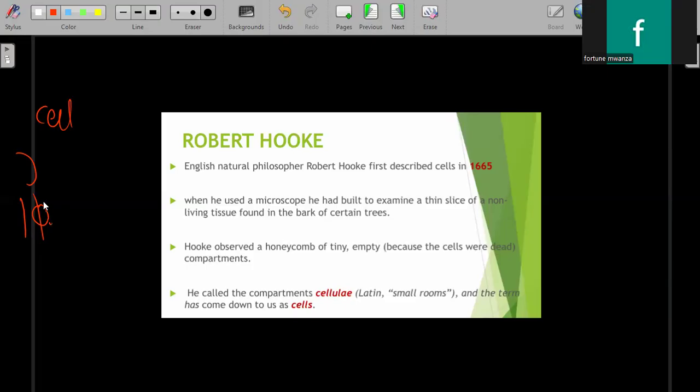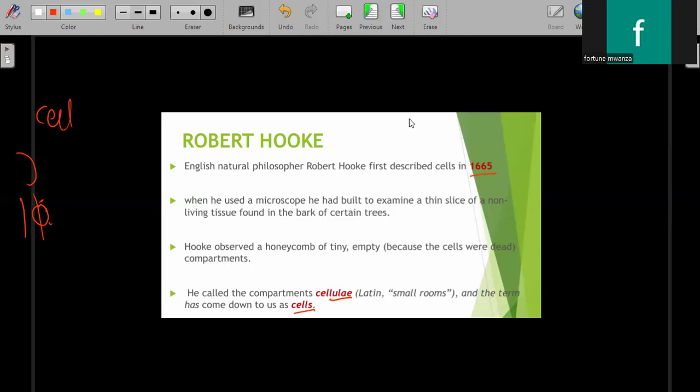He called them cellulae, and nowadays we refer to them as cells. So Robert Hooke was the first one to start all this cell theory process, and that was done in 1665.